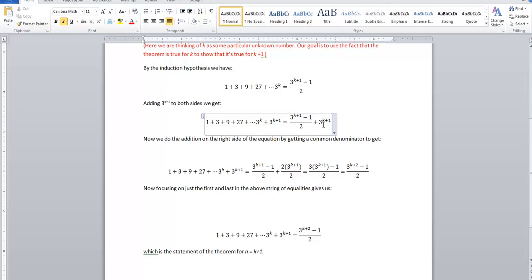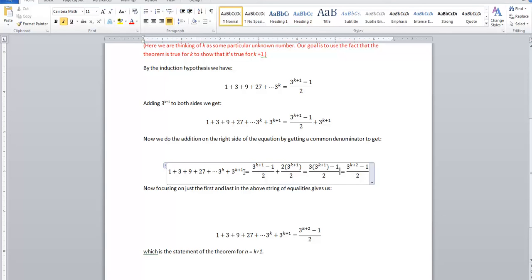So we take this 3 to the k plus 1 and write it as 2 times 3 to the k plus 1, over 2. And then when we add it, we have 3 to the k plus 1 here, and 2 times 3 to the k plus 1 here. So when you add, you get 3 times 3 to the k plus 1, and we still have this minus 1, all over 2. And then when you combine this 3 into the 3 to the k plus 1, you get 3 to the k plus 2, minus 1, all over 2.